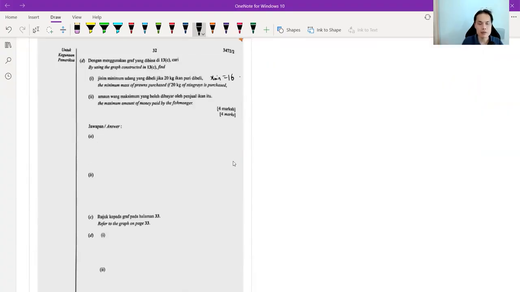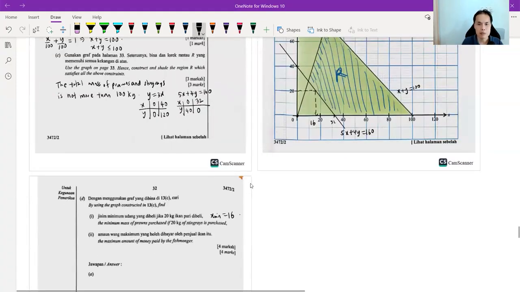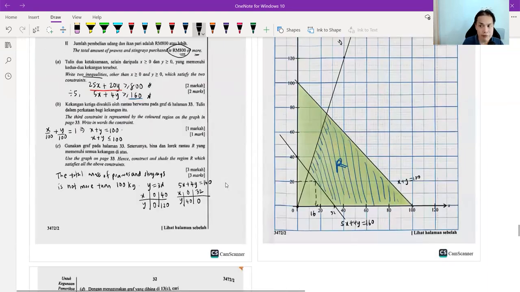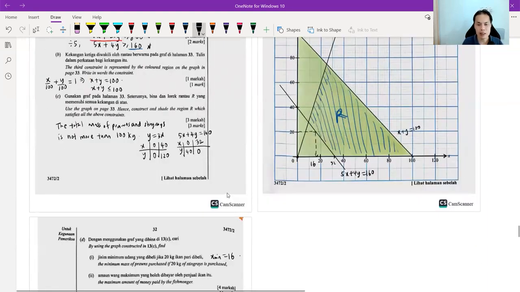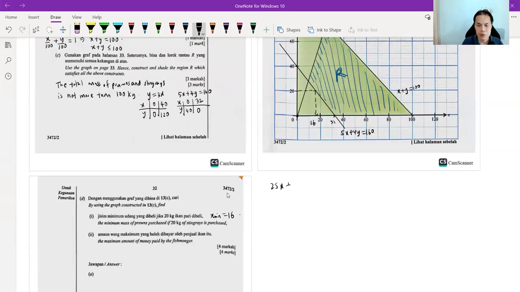Hope you can see it. We have 25x plus 20y equals K. So this is an objective function representing the amount purchased.